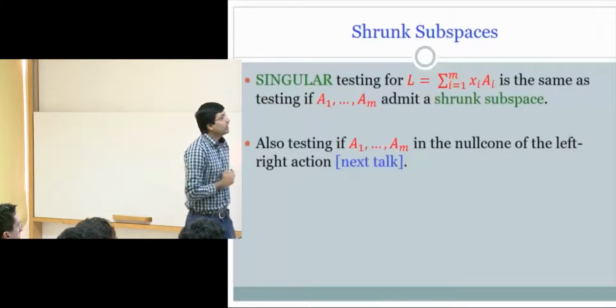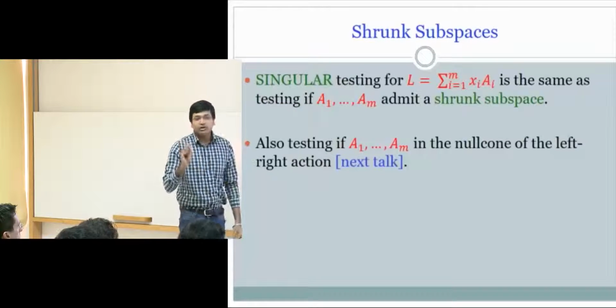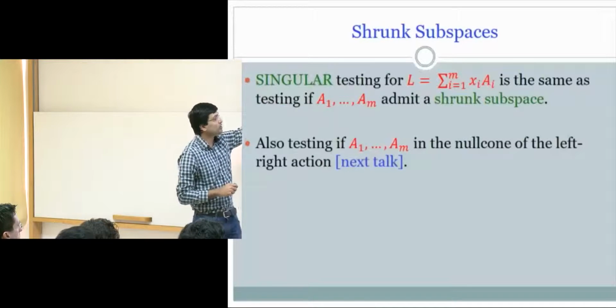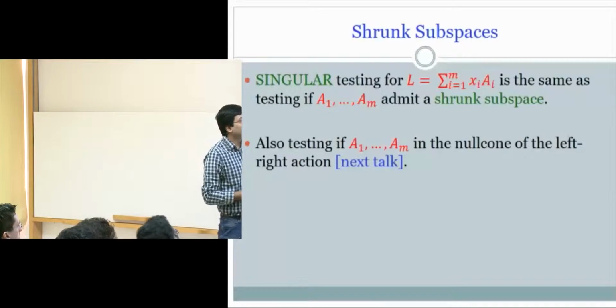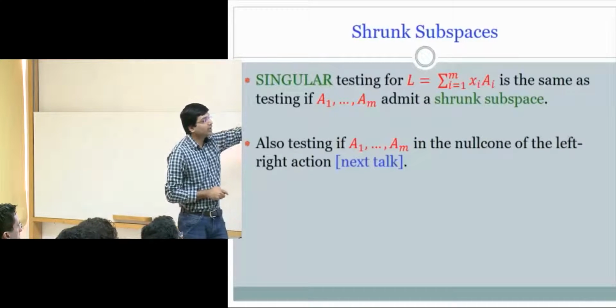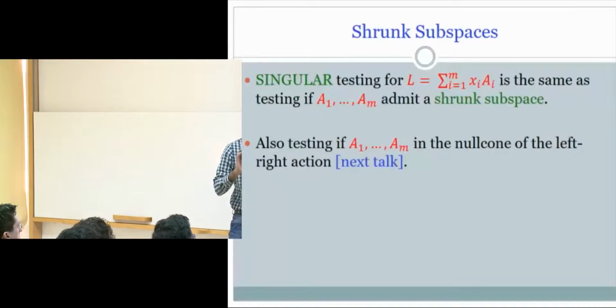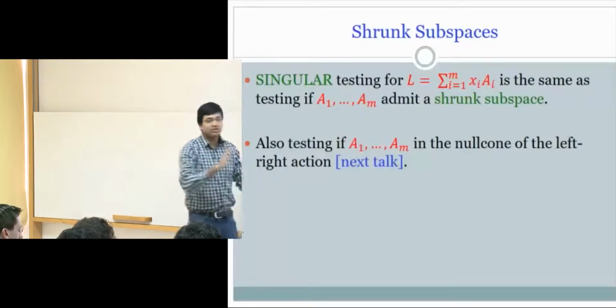The Hall blocker characterization can be translated into this form. Singular testing for L equals the summation of xi Ai is the same as testing if A1 to Am admit a shrunk subspace. If they simultaneously shrink some subspace, then L will be singular, otherwise it won't be.